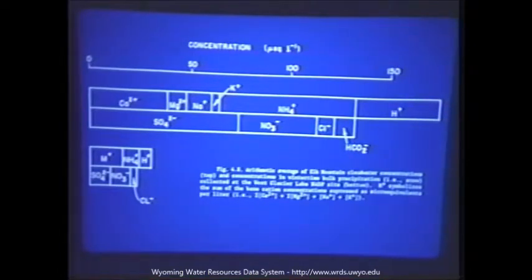And the lower 2 rows of both cations and anions in snow are from the West Glacier Lake site. Now, the most striking thing about this is for all constituents, there's a much higher concentration in the cloudwater than in the snow. And the other thing that's interesting is that the base cations, that's the sum of twice the molar concentration of calcium plus twice magnesium plus sodium plus potassium, is the dominant cationic constituent in the snow.